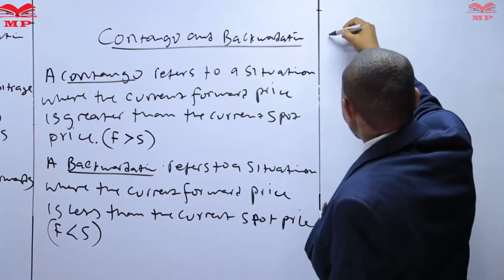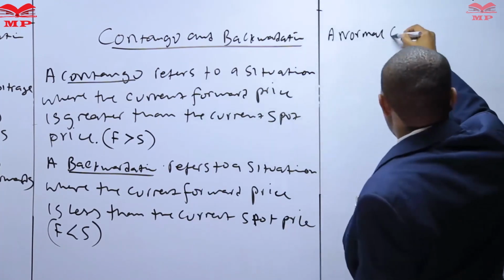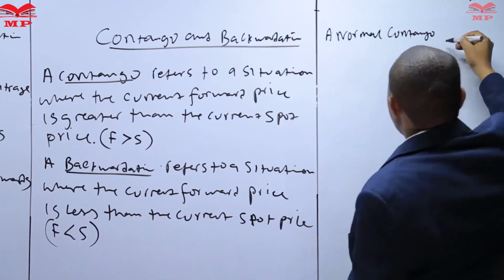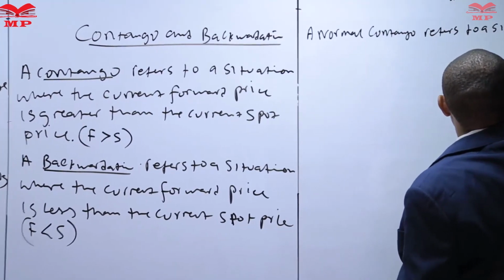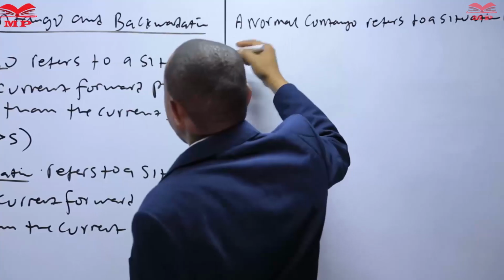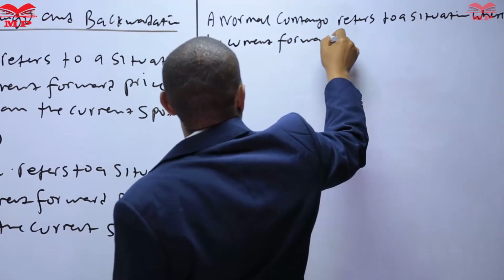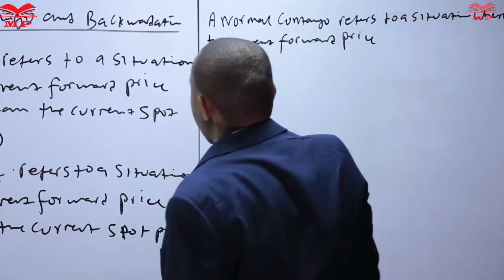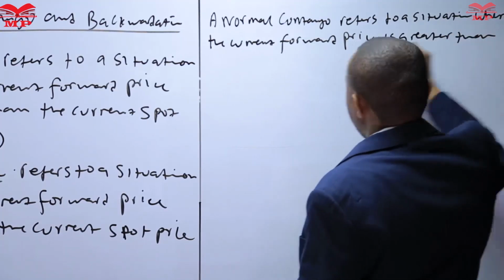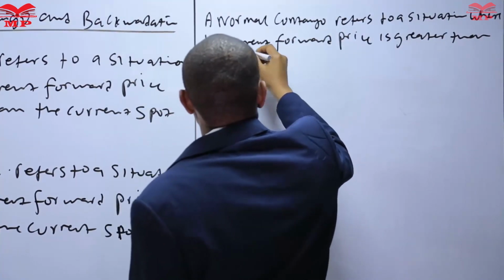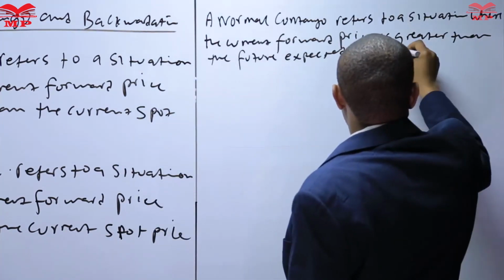We can say that a normal contango refers to a situation where the current forward price is greater than the future expected spot price.